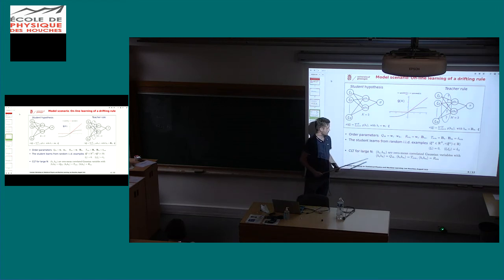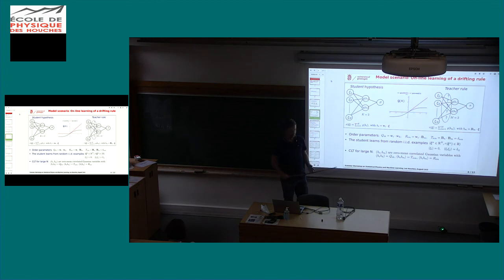We can represent the scenario with a few macroscopic order parameters. So we have the student-student overlaps, which are the overlaps of the student weight vectors, the student-teacher overlaps R, and the teacher-teacher overlaps T, which we fix to orthonormal teachers.